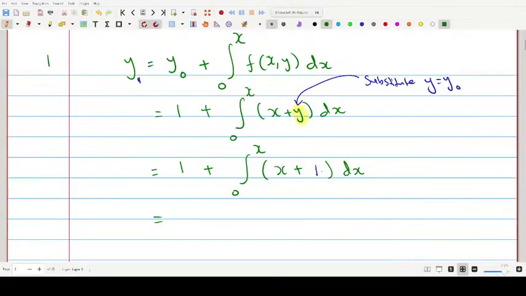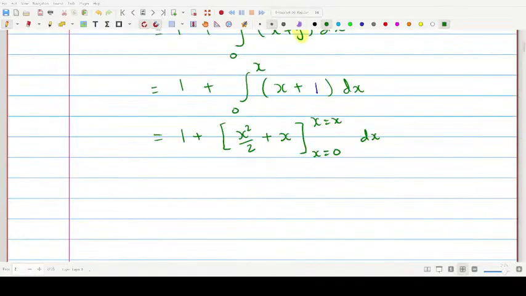This is the first iteration. In the first iteration, 1 plus integral of x, right? And this will go from x equal to 0 to x equal to x, right? Since the lower limit is x equal to 0, we can safely ignore that part because there are no constants here.